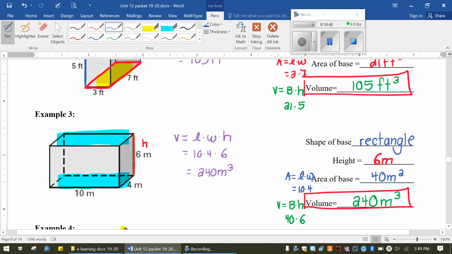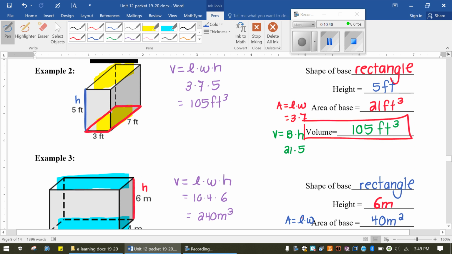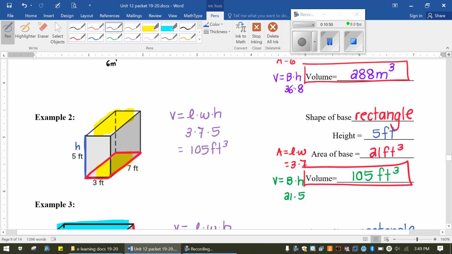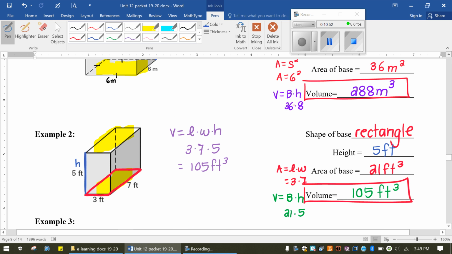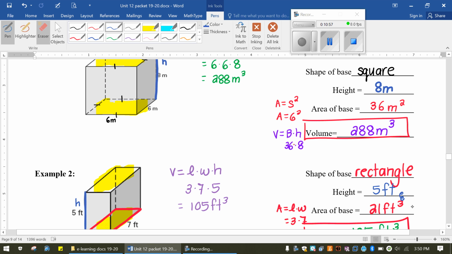Same thing on number 2, the base is a rectangle. And I can see I made that mistake here with the area as well because I'm going too fast. So we need to change that to a square. Okay, this is a rectangular prism.